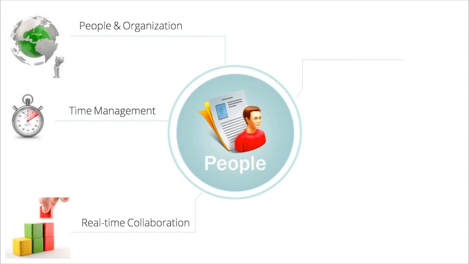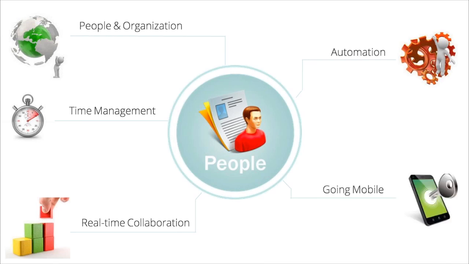And underlying it all, we have the automation tools: checklists, workflows, reminders, email alerts, and multi-level approvals are just a few. Now, since the world is on the move, we believe that we should be too. And that is why we have our Zoho People mobile app for Android and iOS.